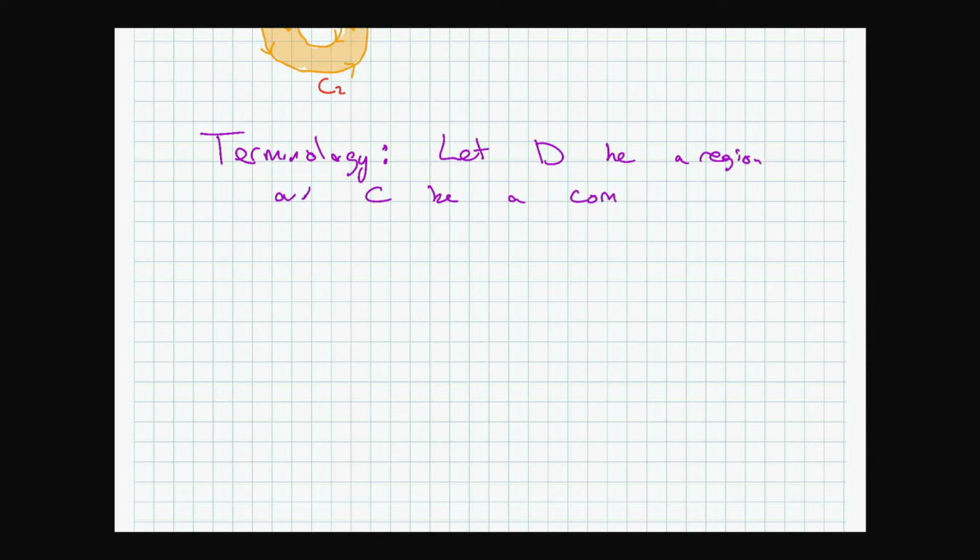But the specifics are going to be this. There's a little bit of terminology here. Let D be a region and C be a component of the boundary, right? So the boundary might be in two pieces.